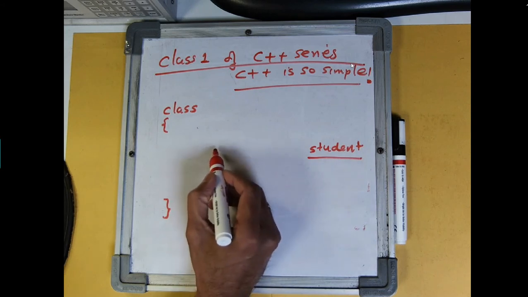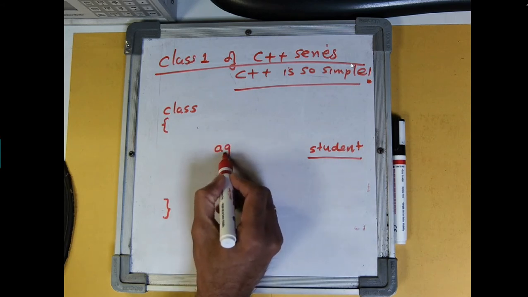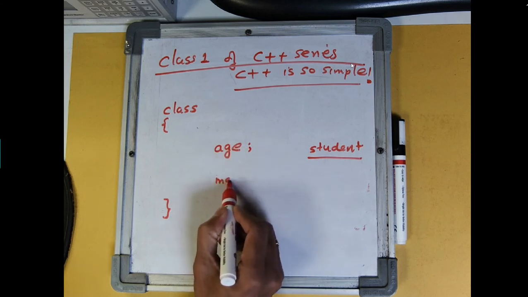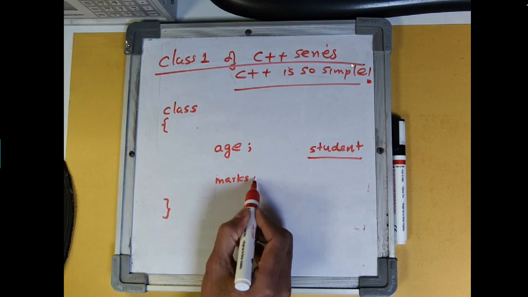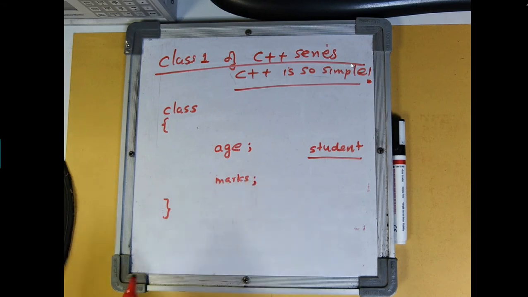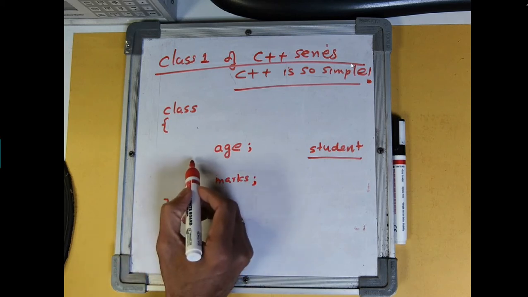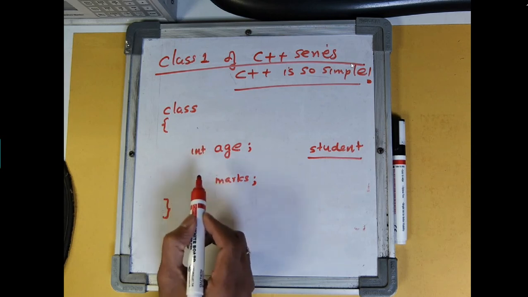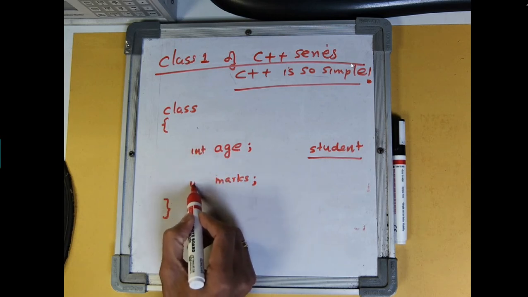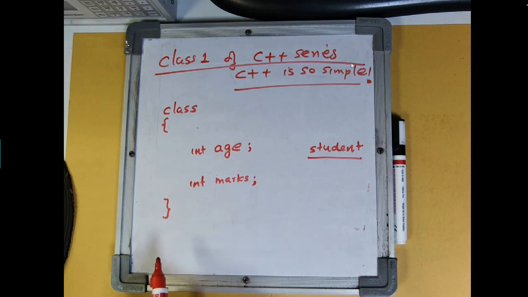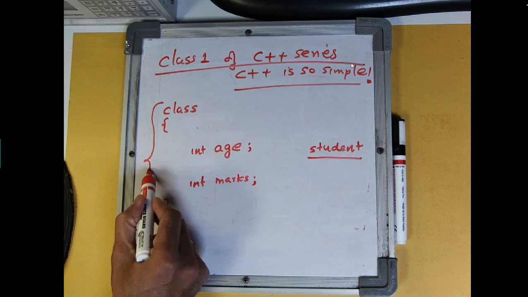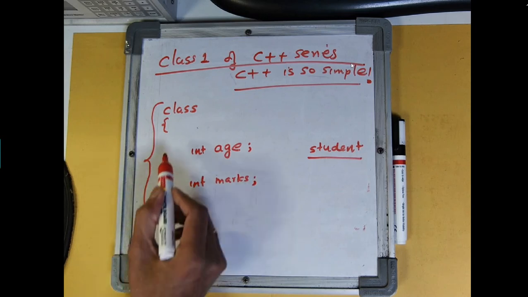Let's say age is some characteristic of a student, and marks is some other characteristic of a student. Whatever you write, the age, since it is a number, I can define as type integer, and marks also of type integer.